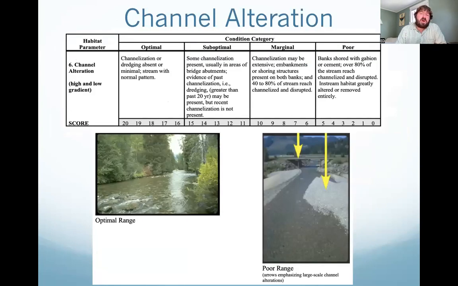The sixth aspect we'll grade out is channel alteration, and to me, this one's all about do we see signs of humans trying to put the channel in a certain place on the landscape, because we know rivers move as they're in that adjustment process. On the left here, you don't see any channelization.